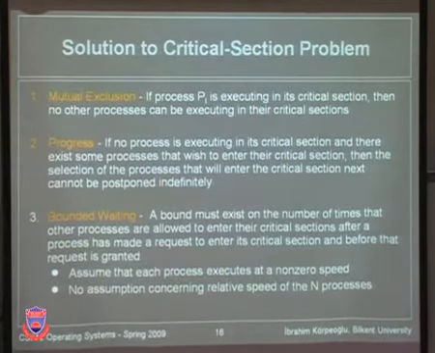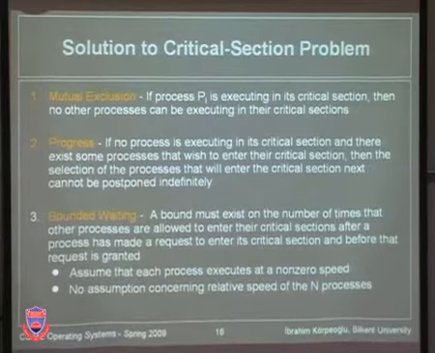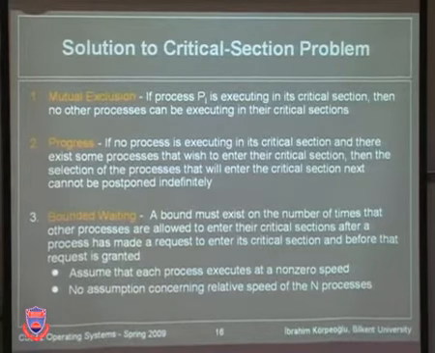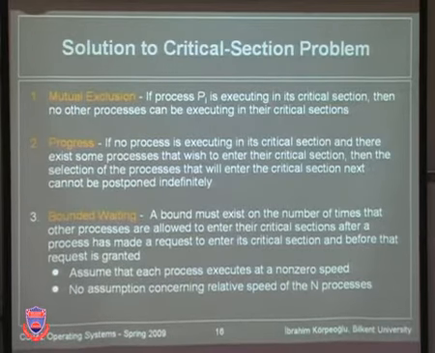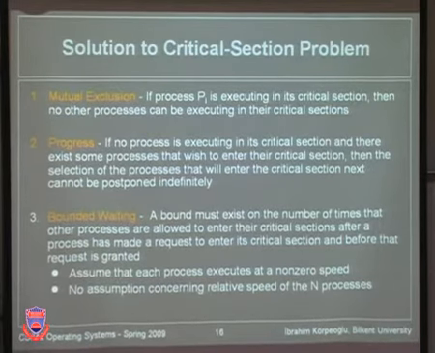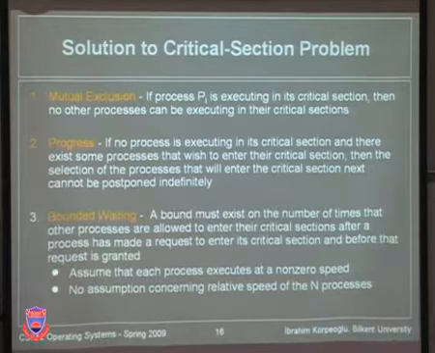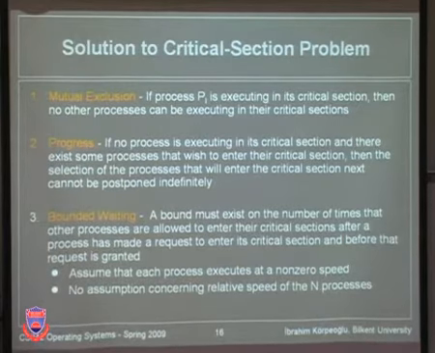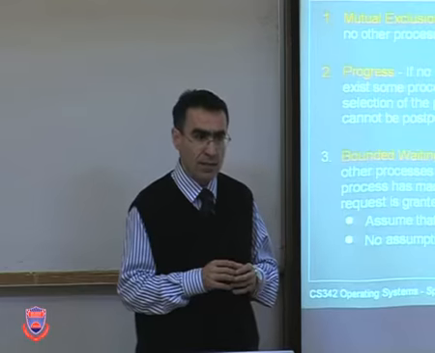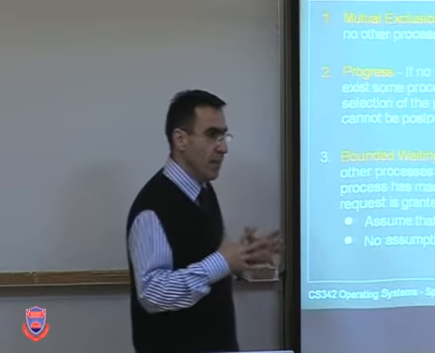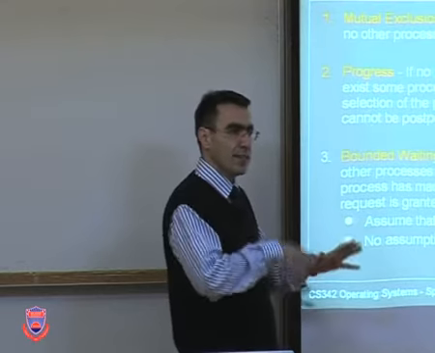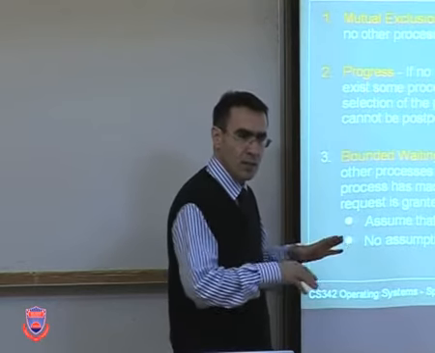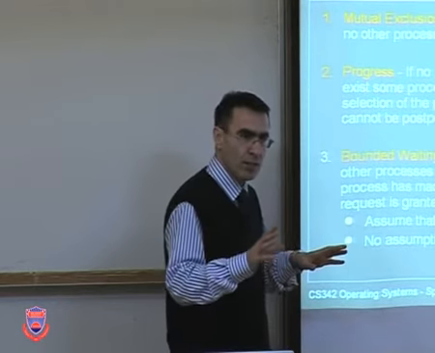These are the three properties that we expect from a critical section problem solution. One is mutual exclusion, meaning that if a process Pi is executing in its critical section, then no other process can be executing in its critical section. If I am a process that has entered the critical section and is executing it now, that means I am touching the global variable or shared data.